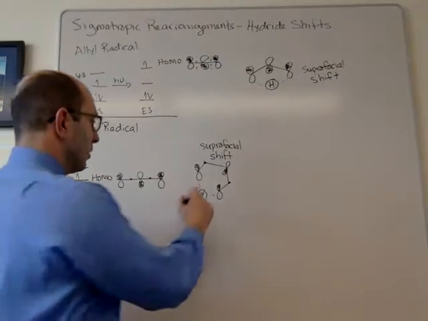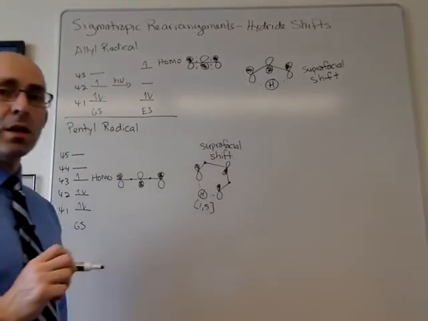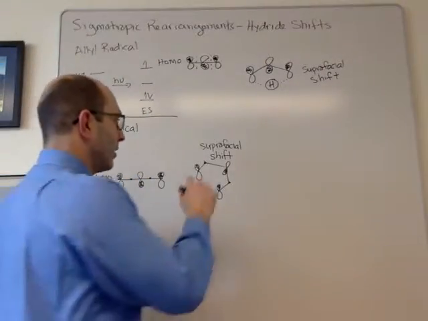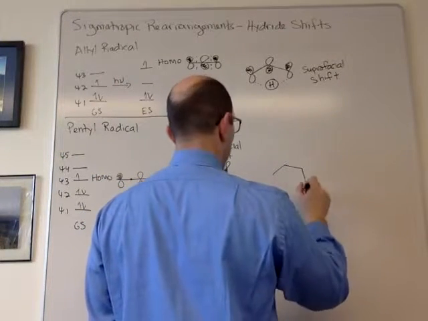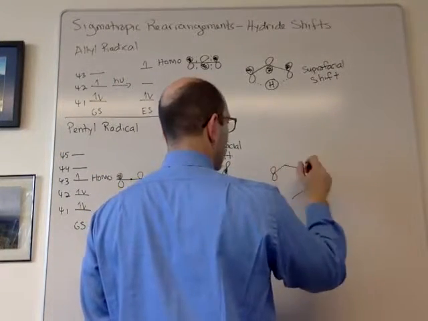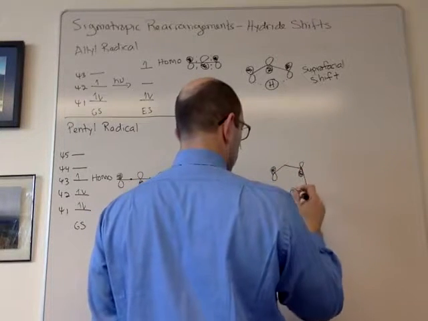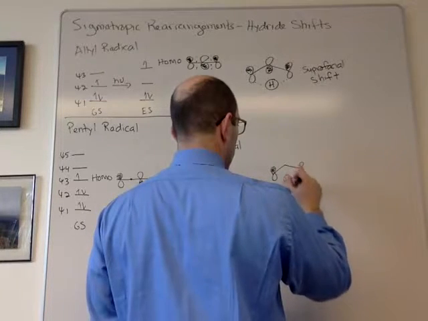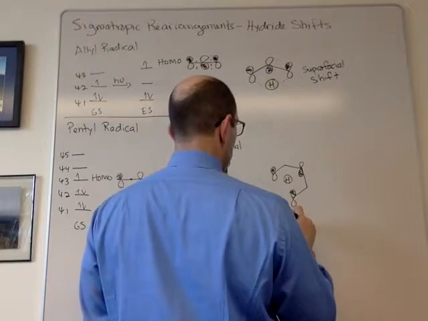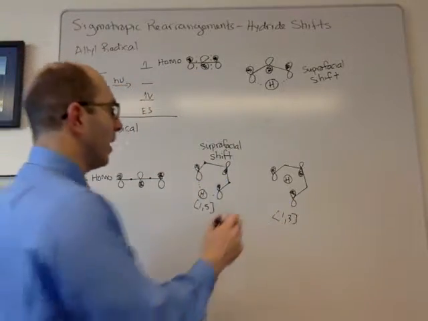So again, this is the 1,5. If we looked at the 1,3 for the pentadienyl radical, right? So draw the same molecular orbital. So if we had the H shifting in a 1,3 fashion, what sort of process would that be?